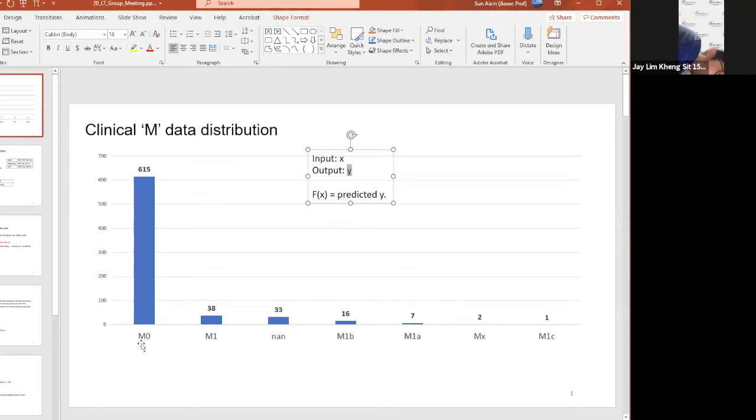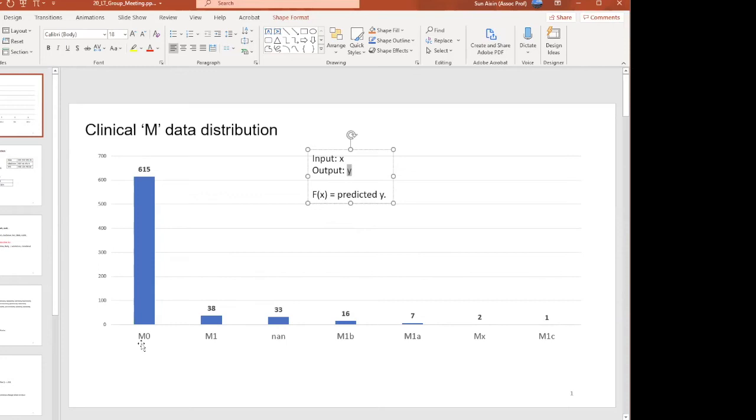Can I say? For the clinical M, this is actually from the majority of the results returned from radiology reports. One patient has multiple radiology reports, and what LinkedIn is doing is one record for one report. But in the end, when we come up with the final clinical M, we have to add up all the radiology reports for the same patient together.